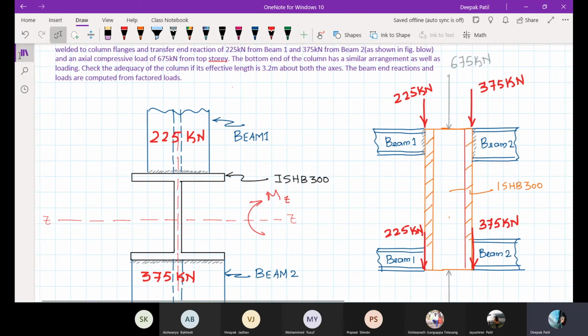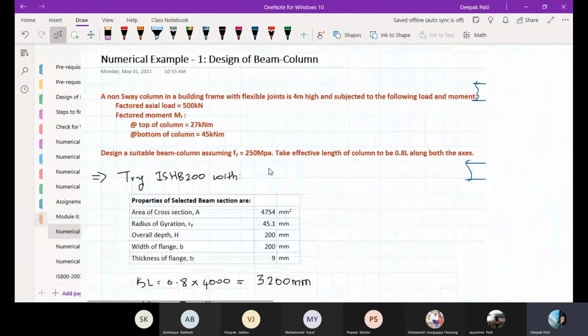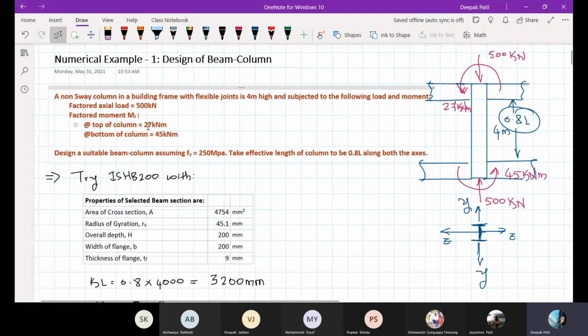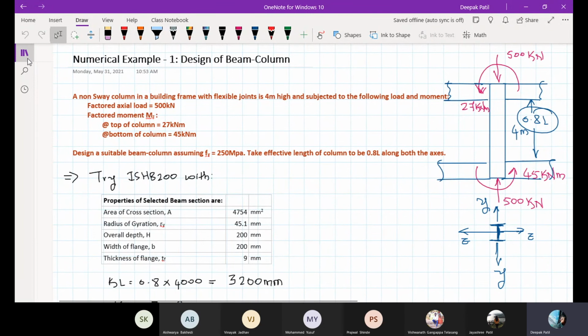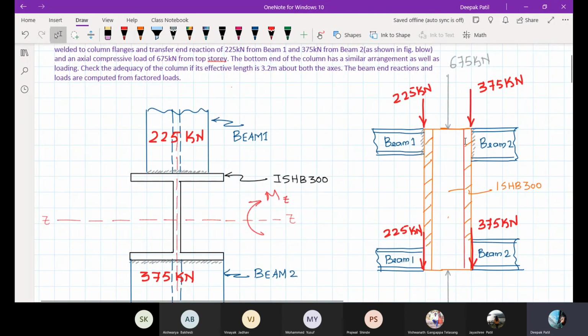In the first numerical example, if you see the statement, at the top of the column it was different and at the bottom of the column it was different. But in this case, with confidence, I'm telling you Mz equals 22.5 and it is the same at both top and bottom of the column. With what confidence, or with what statement in the example, can I easily say it is the same?